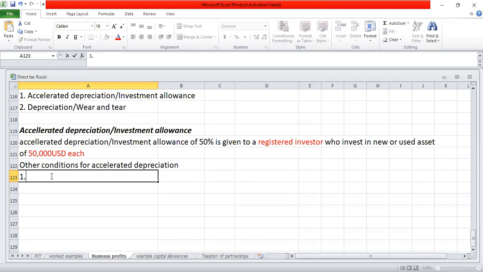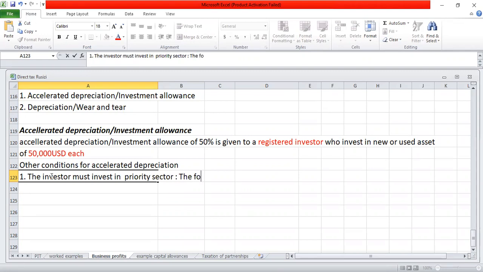Other condition, for the investor, the investor must invest in priority sectors. The investor must invest in priority sectors, and the law give the following.